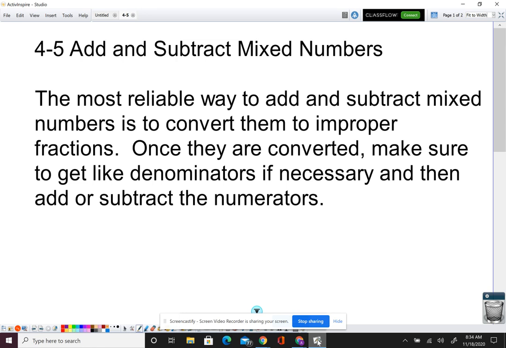Okay, so section 4.5, add or subtract mixed numbers. The book has two different ways to do it. I'm not going to show you the two different ways. If you want to look at it, I guess I'll show it to you, but I would recommend that you just do it the one way.